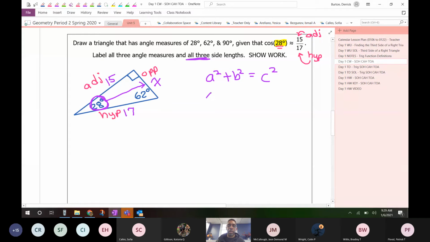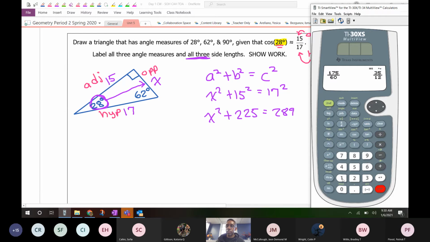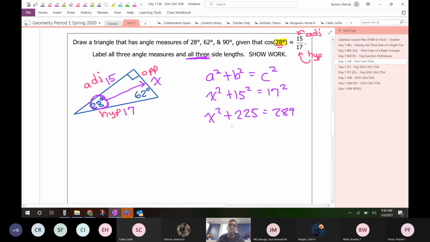So we're going to have x squared plus 15 squared is equal to 17 squared. So that's going to be x squared plus 225 equals, what is this, like 289? I'm guessing. Let's see, 17 squared. Okay. And now I'm going to subtract 225 from both sides.